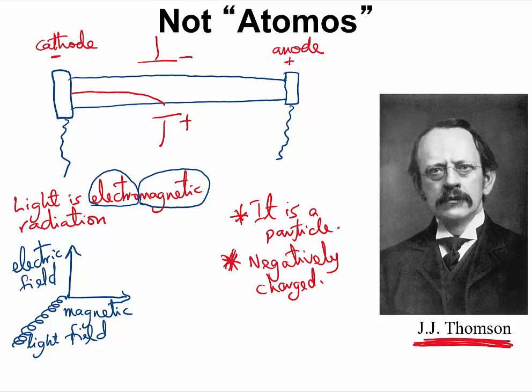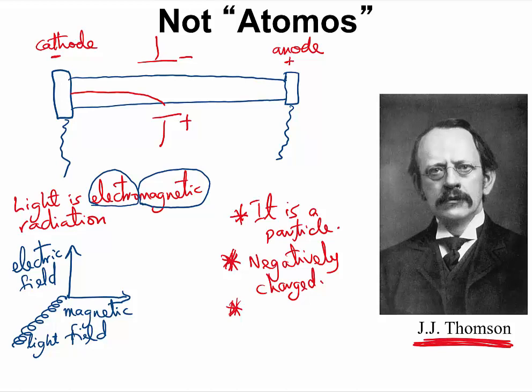He then used both the magnetic field and the electric field to calculate the mass of the particle in the beam. He found out that the particles in the beam are about 2,000 times lighter than hydrogen.